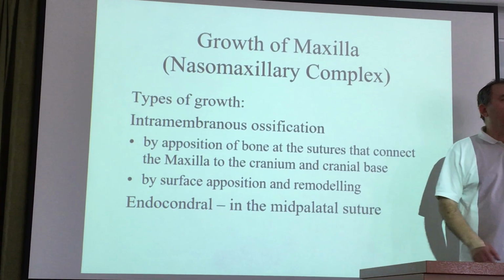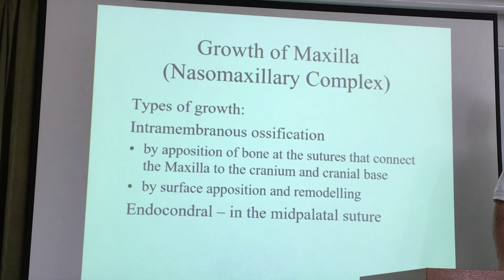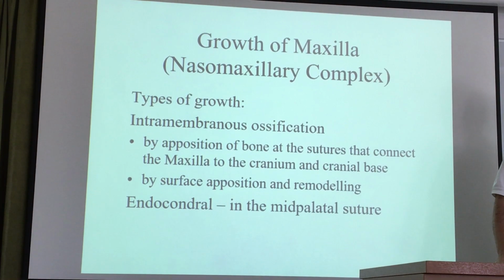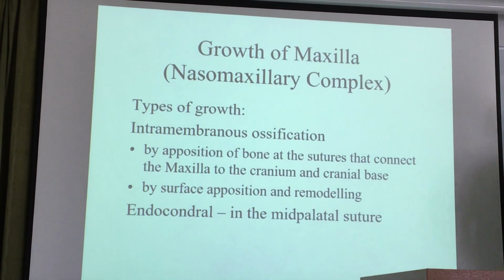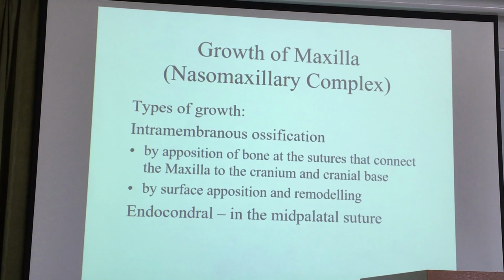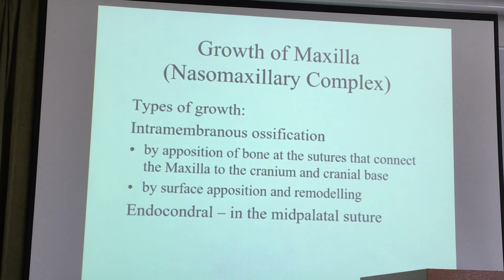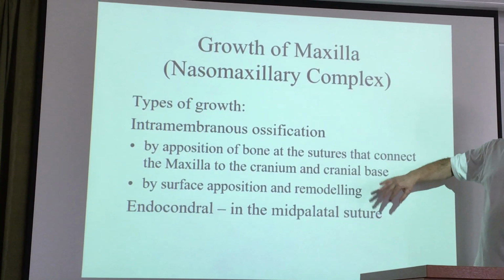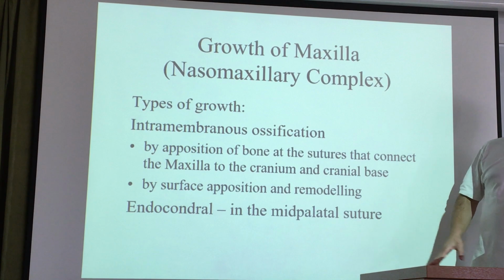Endochondral bone is in the mid-palatal suture. The mid-palatal suture is active only in childhood, but when you make rapid expansion, an orthodontic term, when you widen the maxilla with orthodontic treatment, you use the endochondral bone formation activity of this mid-palatal suture.